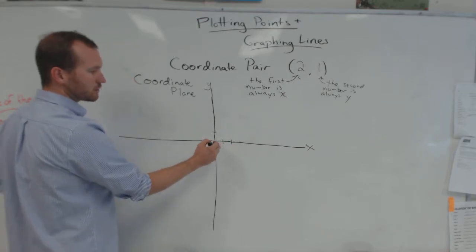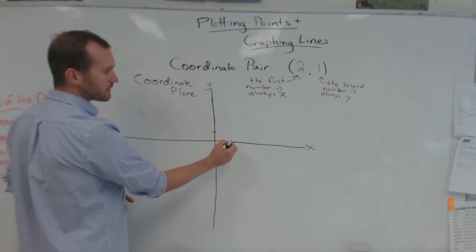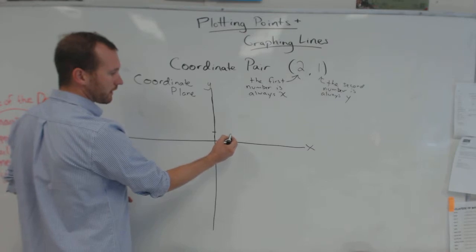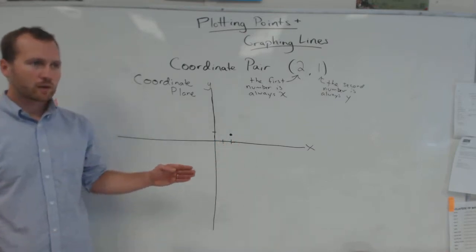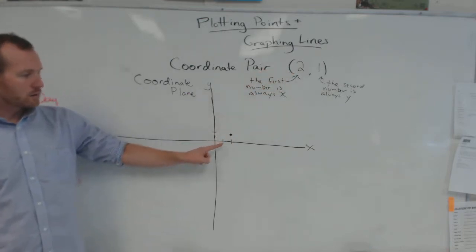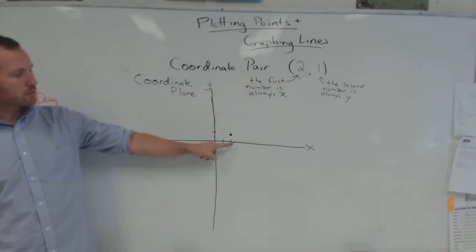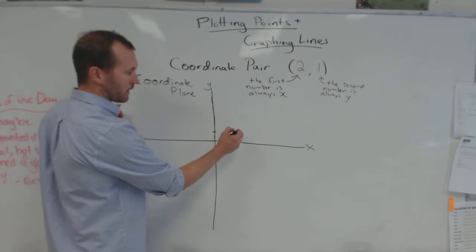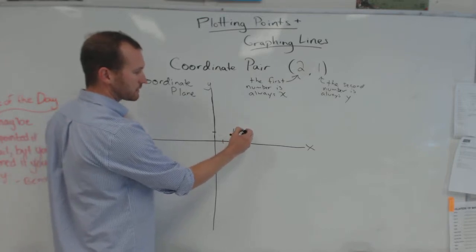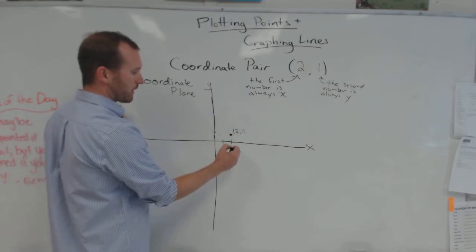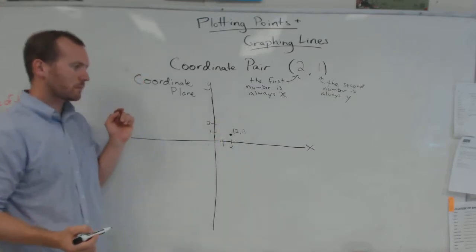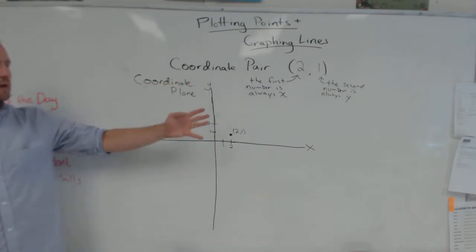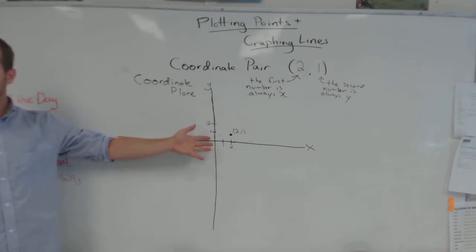So x is 2, over 2, y is 1, up 1, and there's my point. The point (2, 1) would be right here, 2 over and 1 up. I could label this point like this, and I could label my axis like this. So that's a point on a coordinate plane.